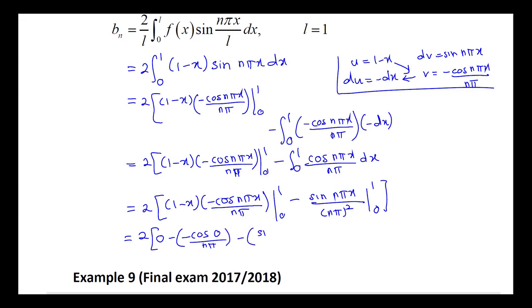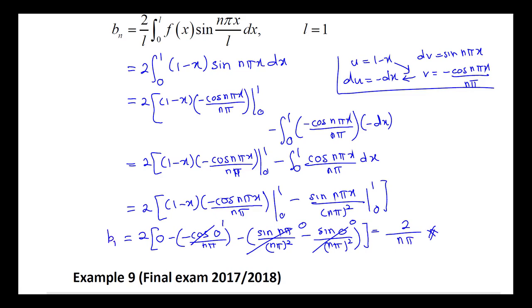Okay, and then minus sine n pi divided by n pi square, and then minus sine 0 divided by n pi square equal to, so this is 0 and then 0, so we will get 2 over, cos 0 is 1, so 2 over n pi.